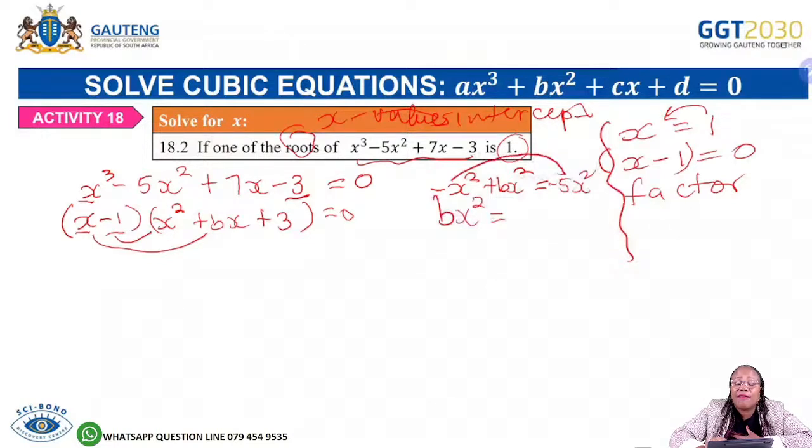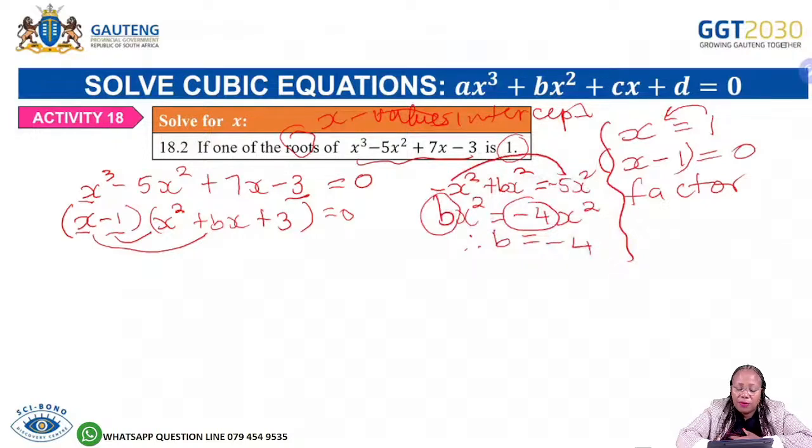So minus 5 plus 1 is minus 4x squared. Therefore b is equal to minus 4. We just consider the value of b there. Back to our factors, x minus 1, and then our trinomial is x squared minus 4x plus 3.